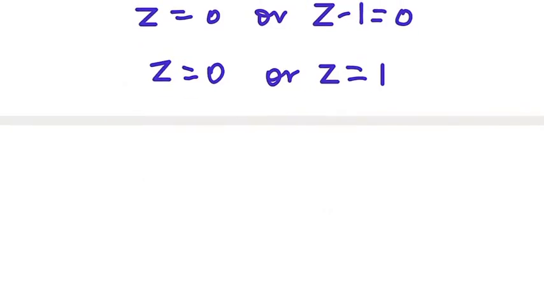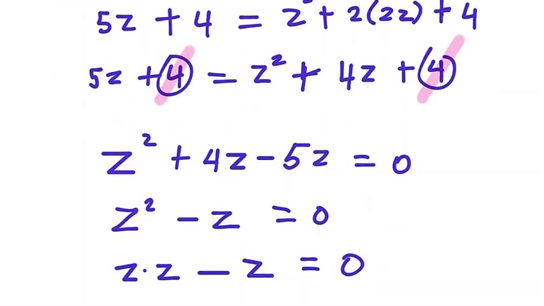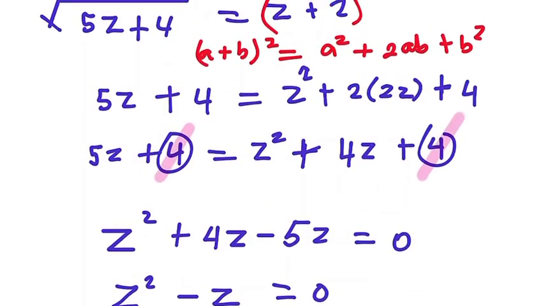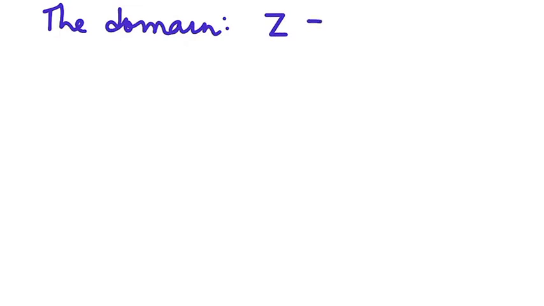Now looking at this, we want to know whether the values of z, 0 and 1, fall in the domain. If you look at the domain, z must be greater than or equal to minus 0.8.